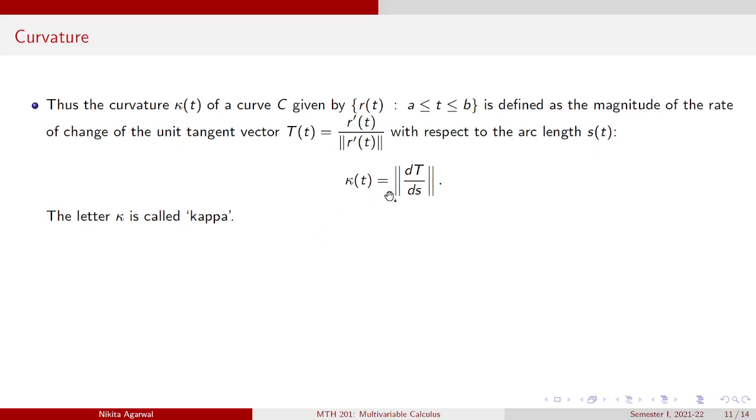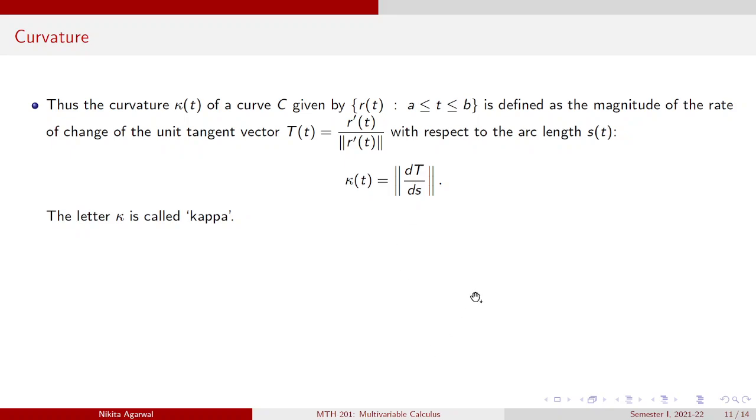So kappa(t) is nothing but the norm of dT/ds. You differentiate T with respect to s, and the tangent vector is a unit vector.